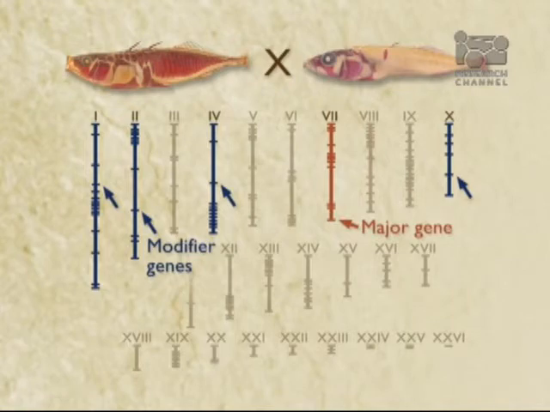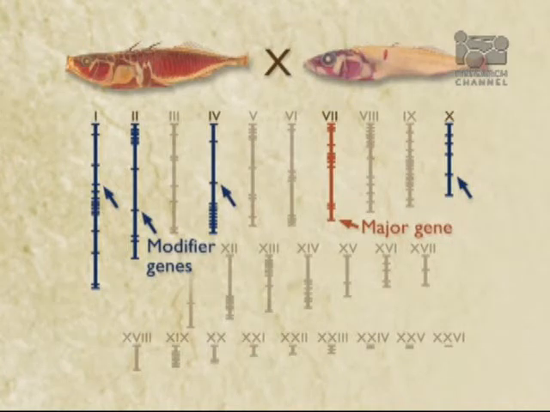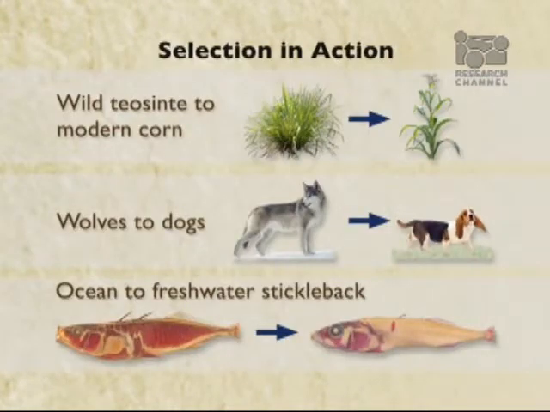So again, more complicated than Mendel, but even the presence or absence of an entire limb or fin here is being controlled by a relatively simple genetic system, just as we saw before for major transformations in both corn and in dogs. So I think it is amazing what can be done by simply selecting and accumulating genetic variants.